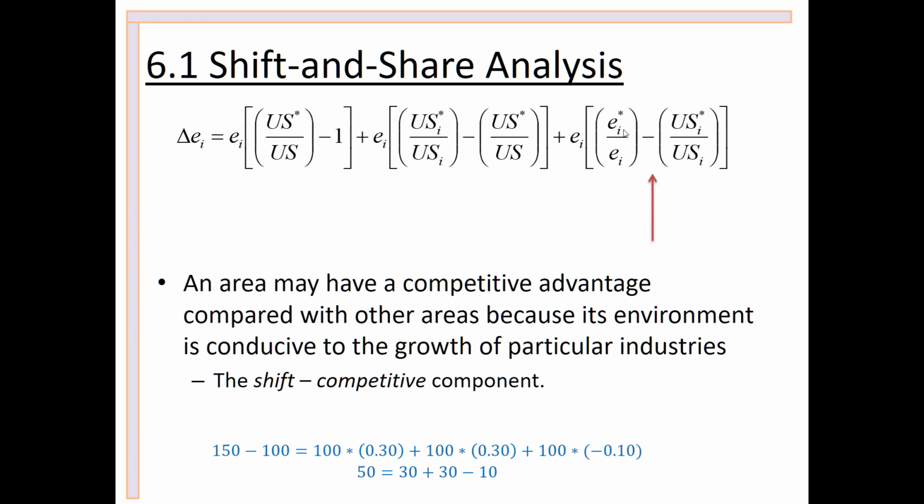And you can see that agriculture is growing less in the region than US, so the region is not specially suited to the production of agriculture. In fact, because of the regional component, the number of jobs actually decreased, not increased.